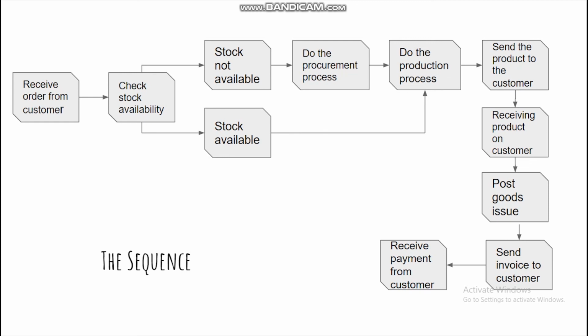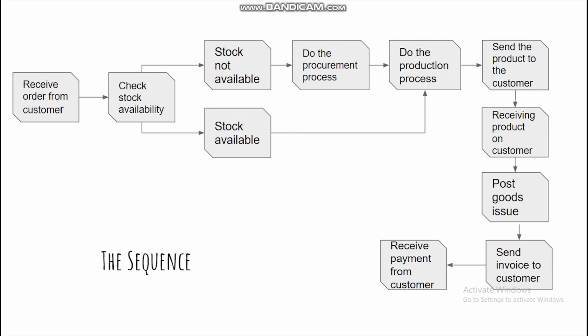If the stock is not available, we do the procurement process, from purchasing the material from the vendor, that is PT Nice Material, until we receive the material in our inventory. After that, we can do the production process.